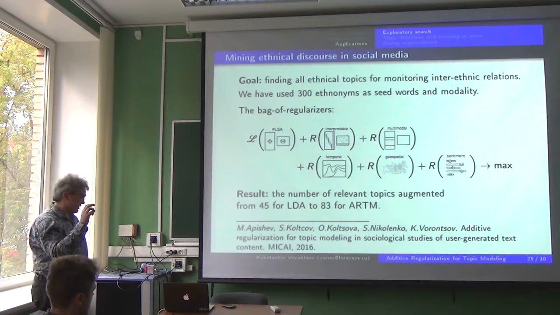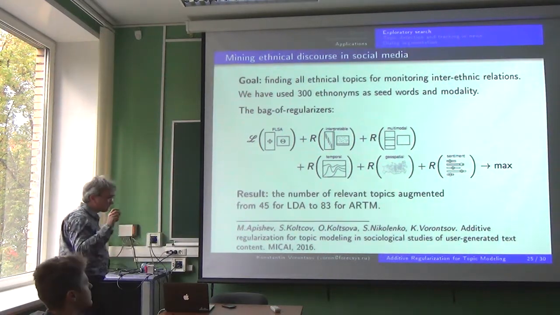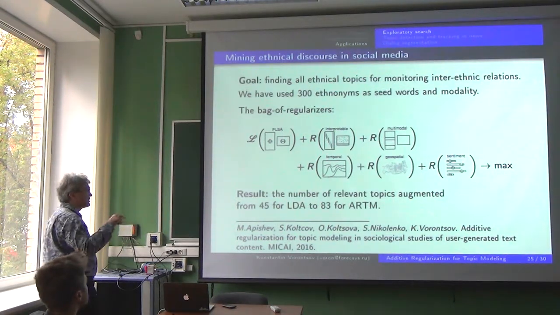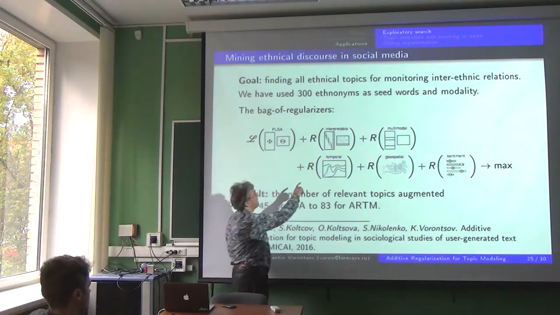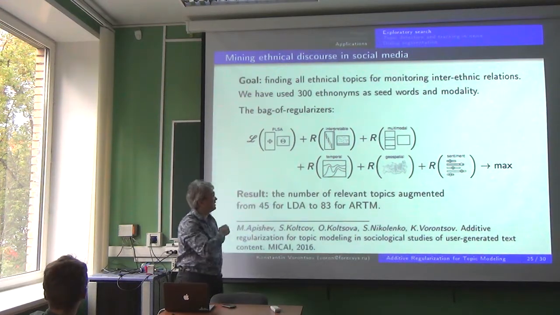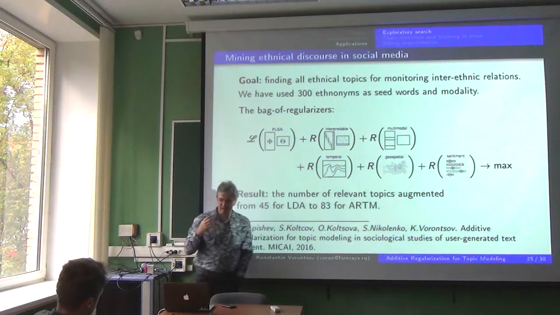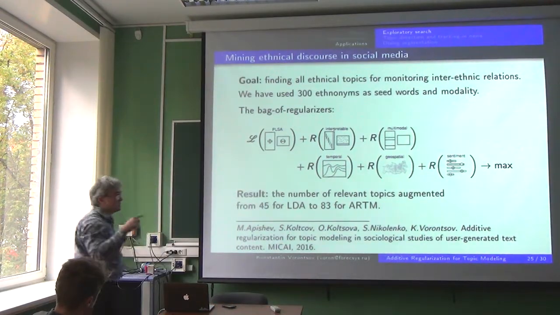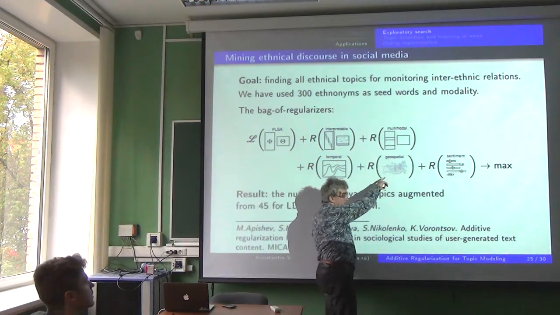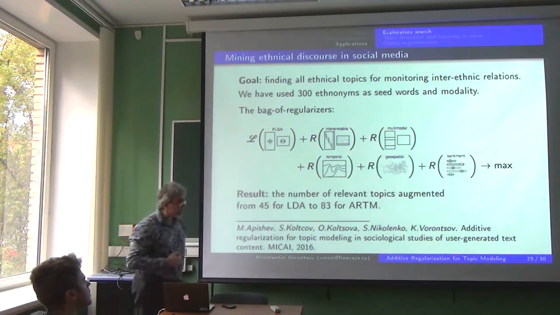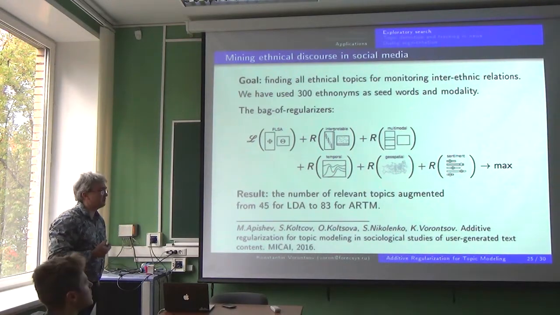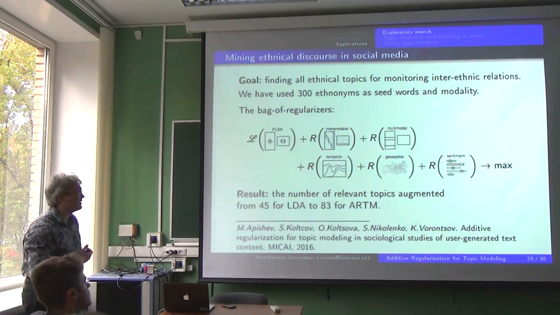We have about 300 ethnonyms as seed words, and we use a combination of regularizers that make our model interpretable. Multimodal, because ethnonyms are a modality. Temporal, because we want to monitor the changes in our ethnically related topics. And geospatial, because we want to know in what regions people discuss our ethnically related topics.